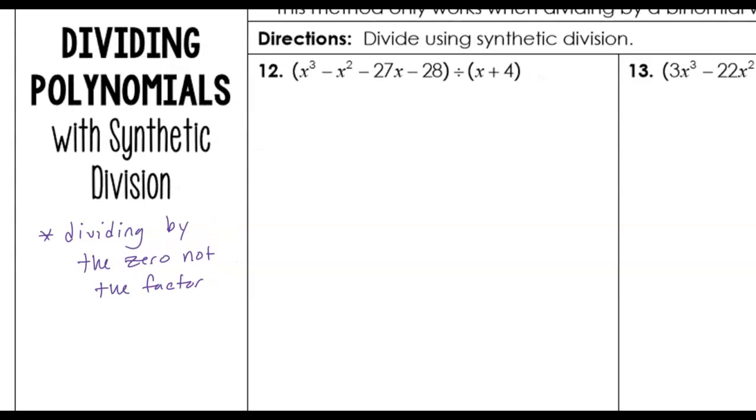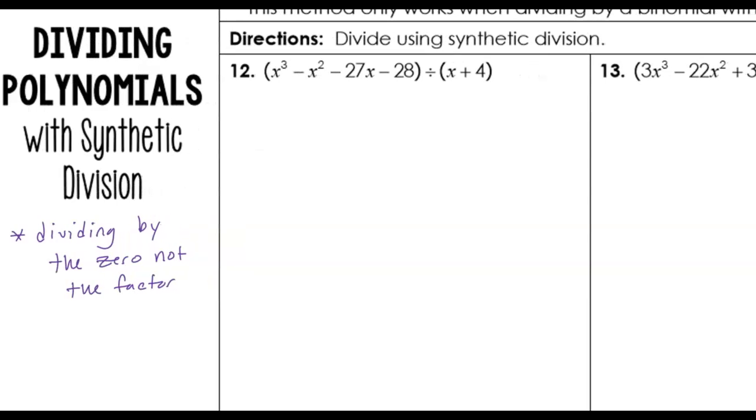They're always going to give you the factor, this binomial. But when using synthetic, you need to know the zero for this factor. What is the solution for the factor x plus 4? Where is that zero located? Where is that root?